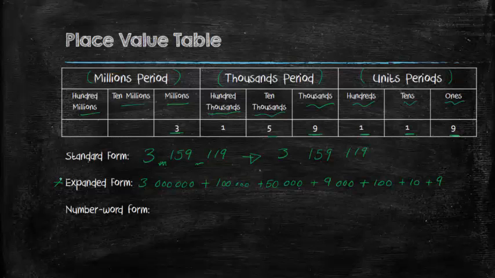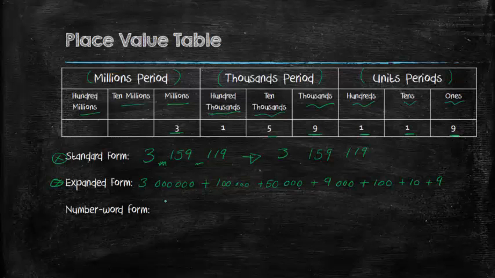Understand that this number is the same as this number right here. It's just a different form. And the last way we could write this is the number word form. Essentially here we write this the same way we would say it. So how would we properly say this?